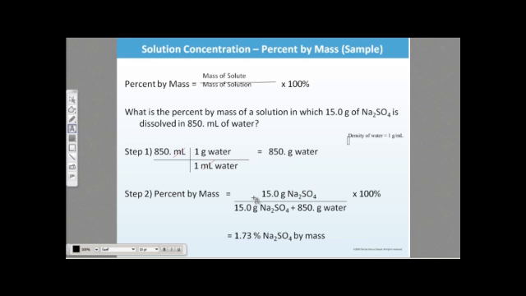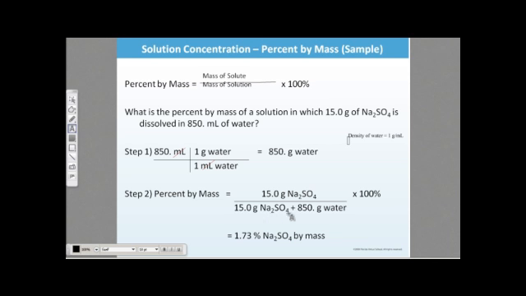So now we just plug into our formula. Mass of the solute was 15 grams. Mass of the solution: now remember a few slides ago we talked about that the solution is solute and solvent. So we have to add those two together to get the total mass of the solution.